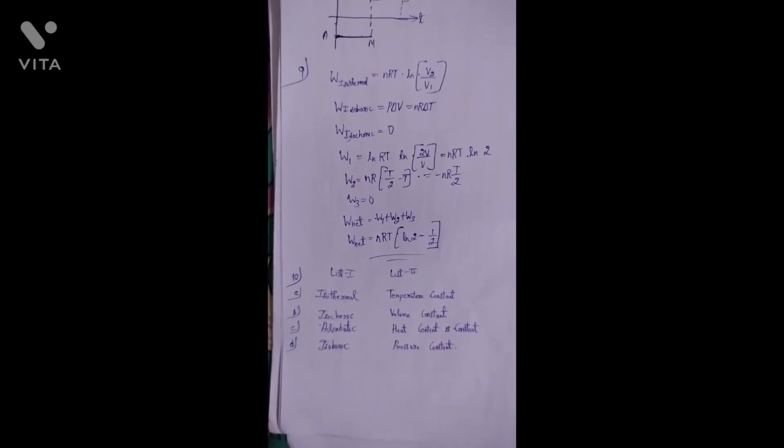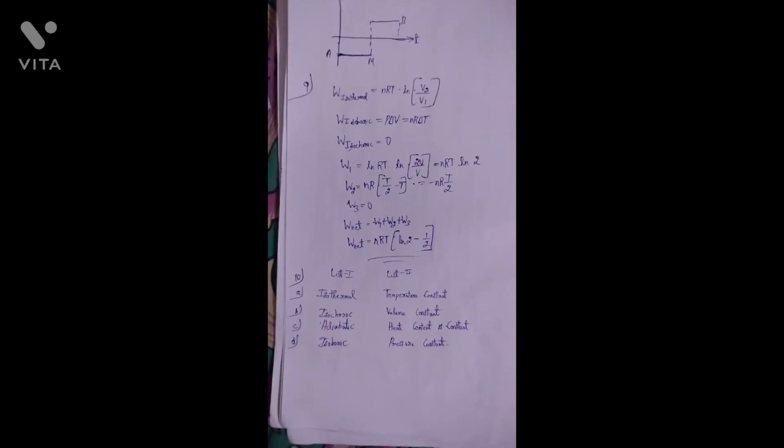So okay friends, let us come to our next question, that is question number 11. It is a finding-the-formula type of question. First you see the question, then we will find the solution.